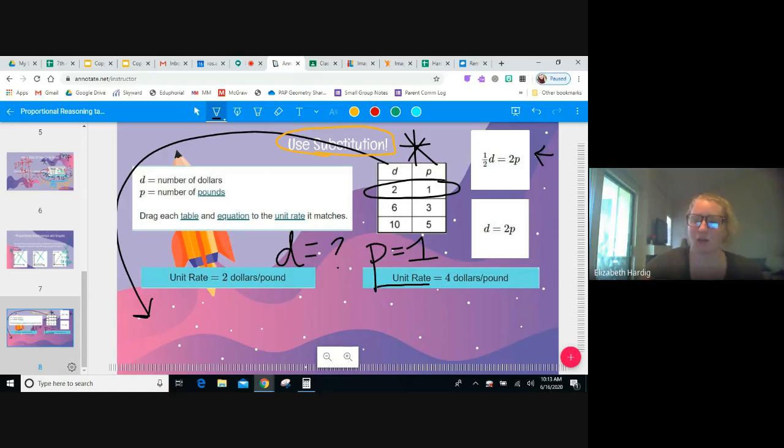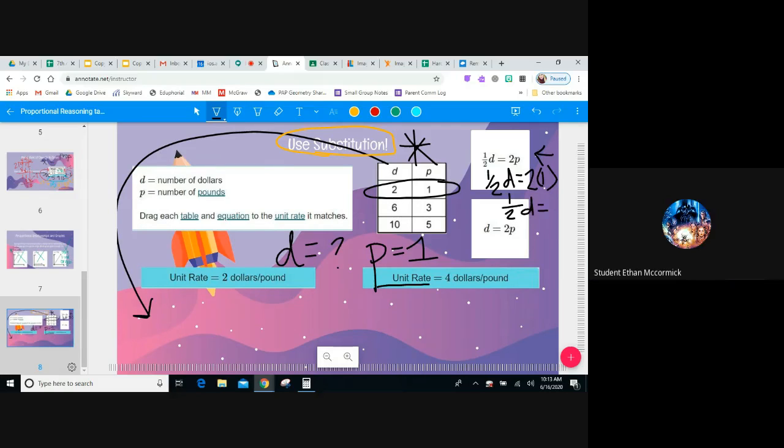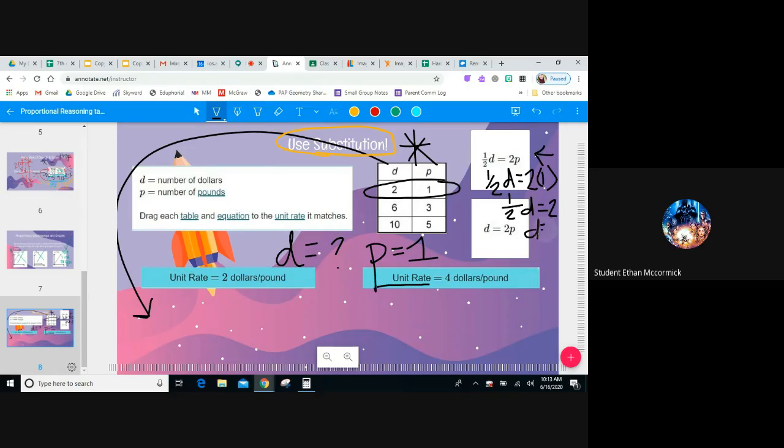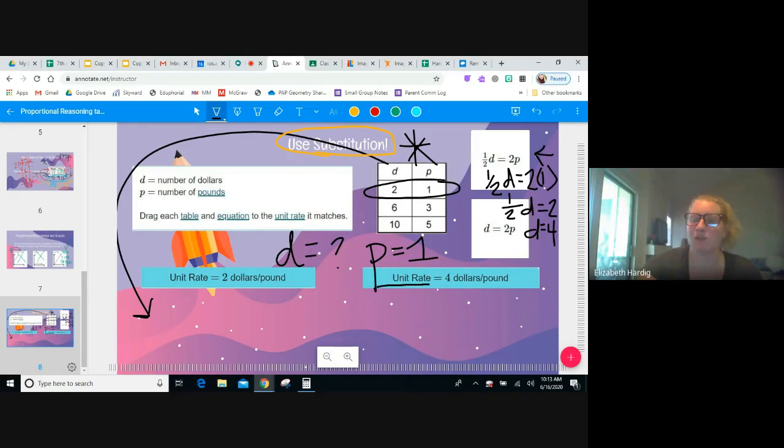Exactly 1 pound. Very good. So if I want to use substitution for this equation here, I can plug in 1 for P. So I get half of D here is equal to 2. Well, if half of D is 2, what would 1 whole D be? 4. Very good. So then that unit rate means it costs $4 for 1 pound.